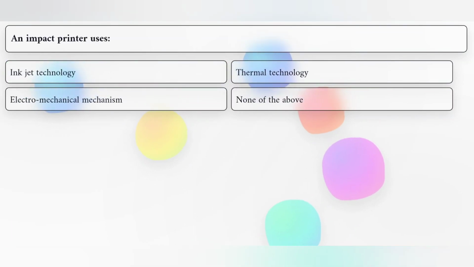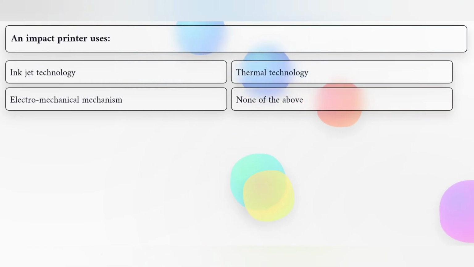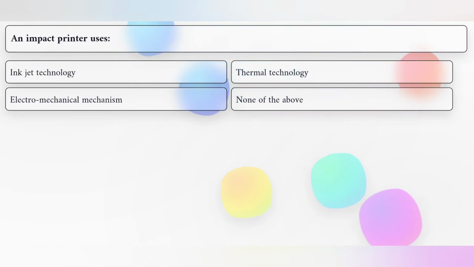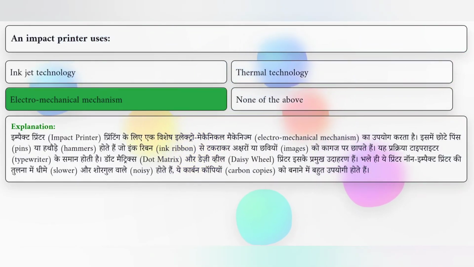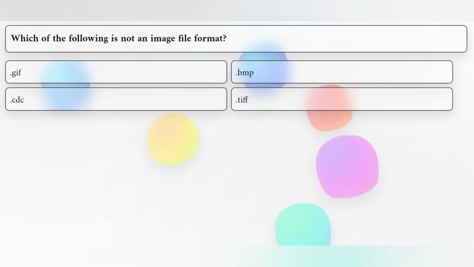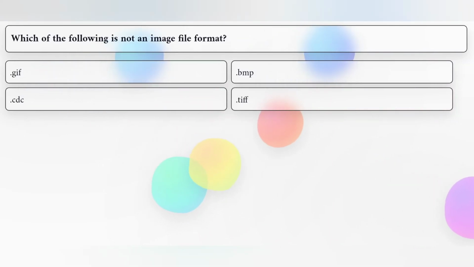An impact printer uses inkjet technology, thermal technology, electromechanical mechanism. None of the above. Which of the following is not an image file format? .gif, .bmp, .cdc, TIFF.